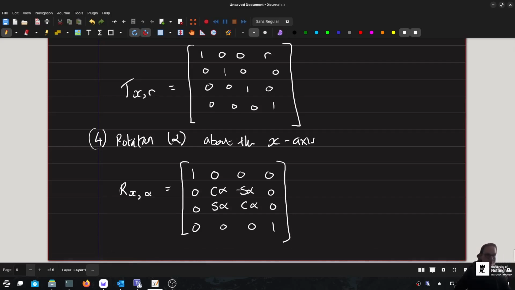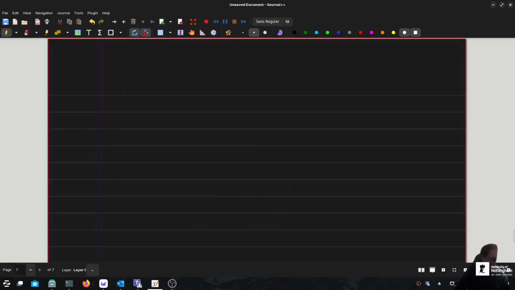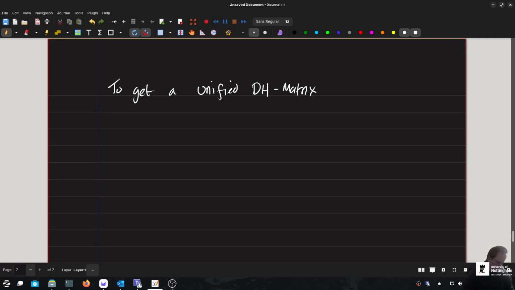So now what we've got to do is just put them all together, to get a unified DH matrix, which we're going to call AK. We just have to combine all the operations.